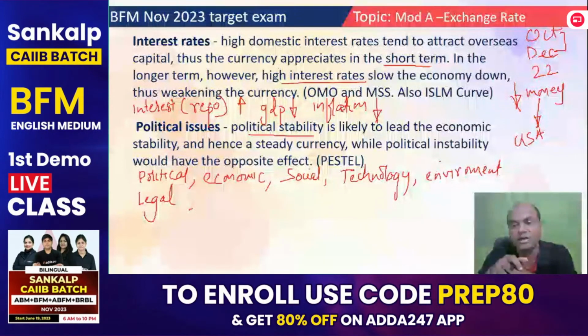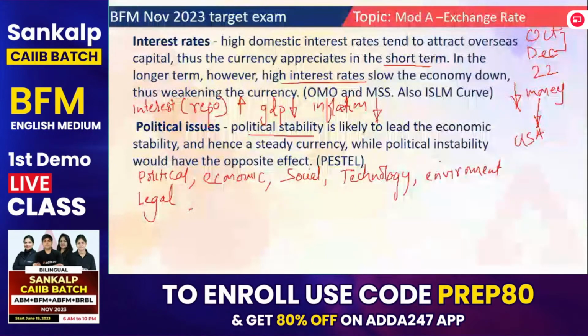Environmental laws have become very important now. Earlier they were not of that importance, but environment has become a major point now. Similarly, legal: what are the legal laws of that country? That is also very important. So a PESTLE analysis is done by each and every institution before investing in any country.